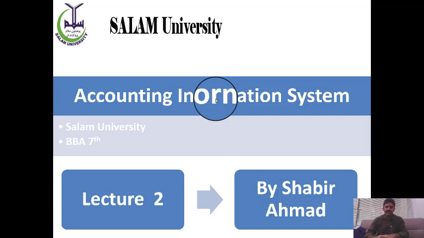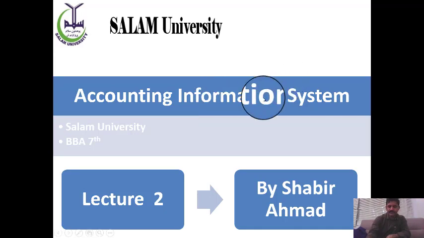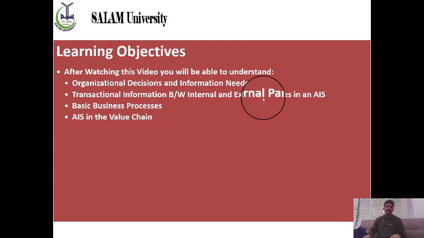In this lecture, we have the following learning objectives: organizational decision and information needed. This is one objective of the video, that you must understand what the organizational decision is and what kind of information they need, and transactional information between internal and external parties in the AIS.